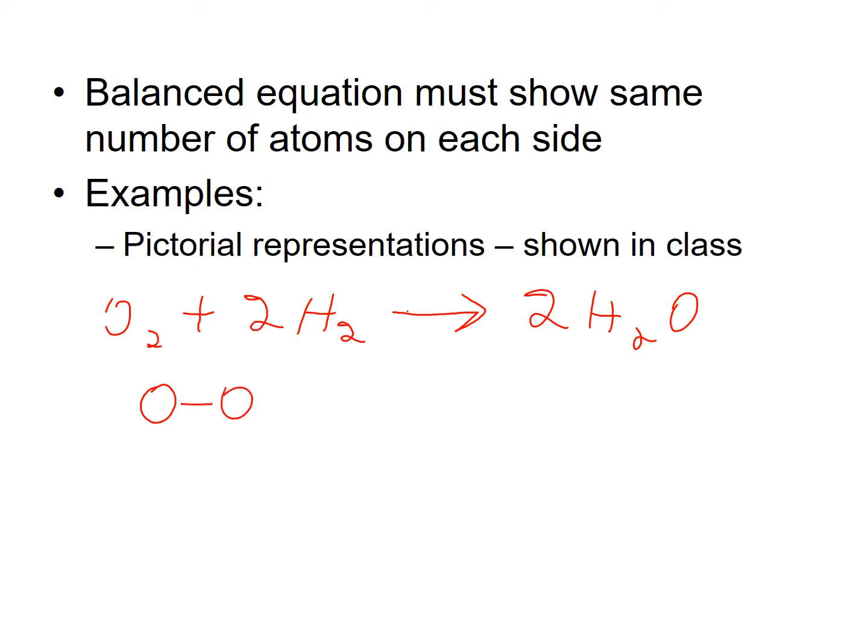There's an oxygen molecule consisting of two oxygen atoms bound together. Then this side of the equation shows two hydrogen molecules, which is four hydrogens in all. This side of the equation shows two water molecules.